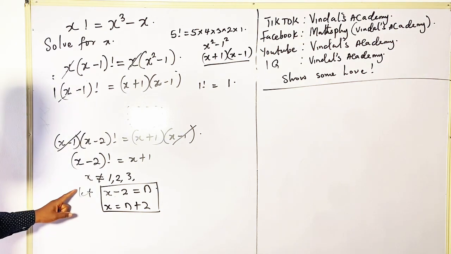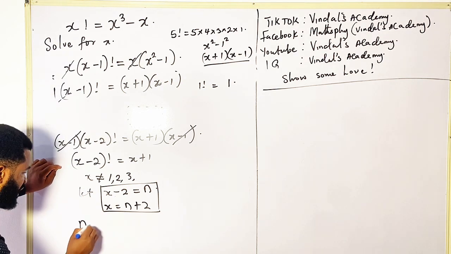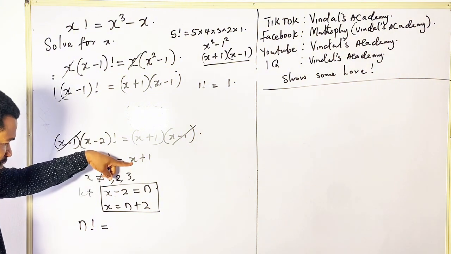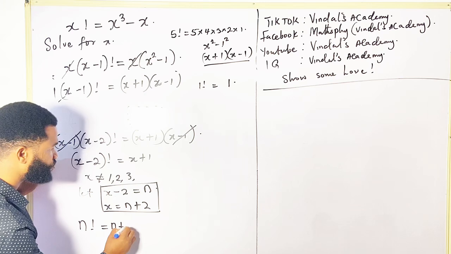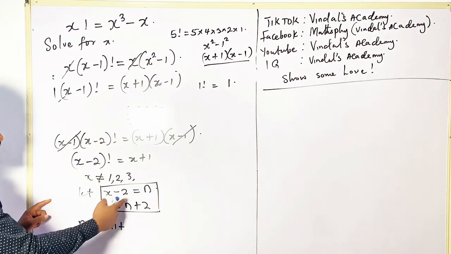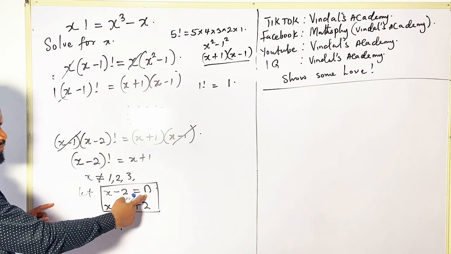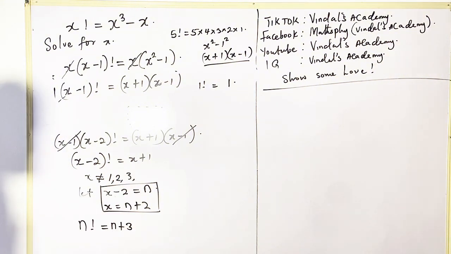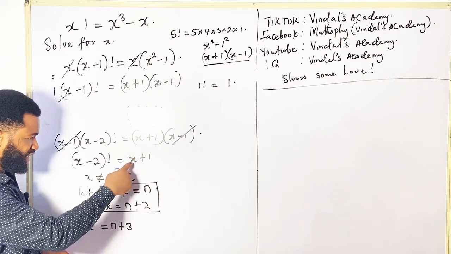In that case, I'm going to have n factorial, which is going to be equal to, remember, x is going to be n plus 2. So this is going to be n plus 2. If x minus 2 is n, it means that x is this. So this is going to be plus 3. You understand? This is n plus 3 because this is x.